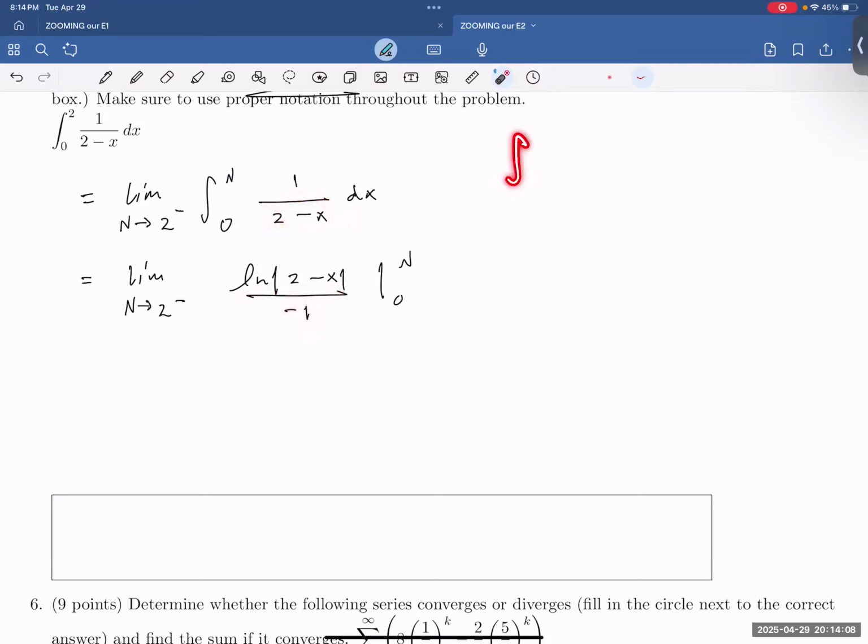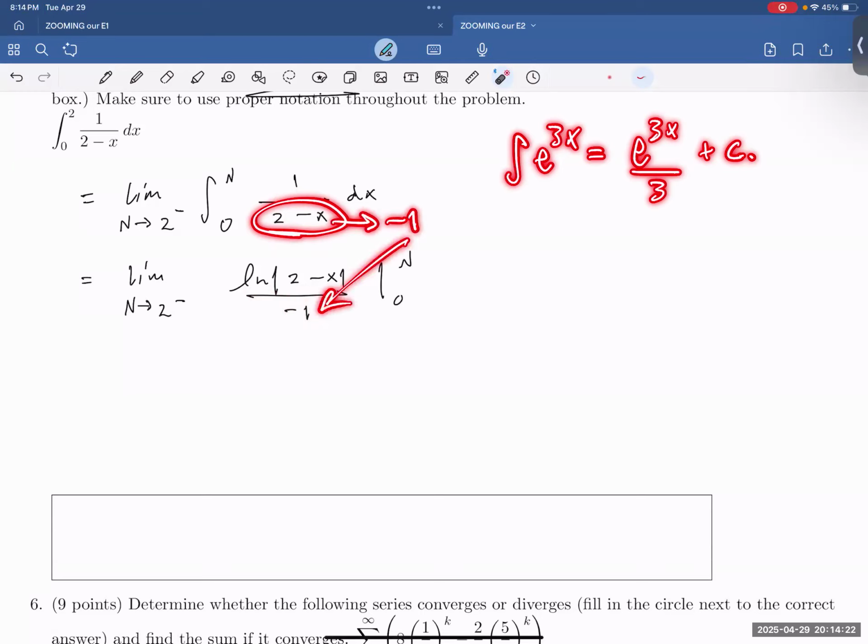This is no different than what we had before. This is e to the 3x divided by the constant derivative of the inner function. Here the inner function is 2 minus x. Its derivative is negative 1. We divide by that negative 1.